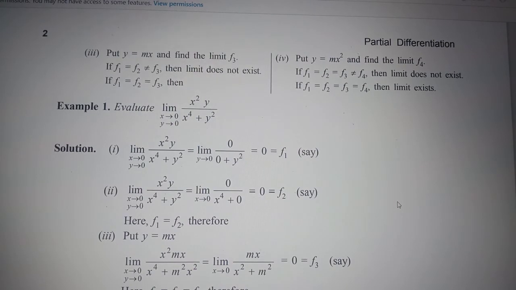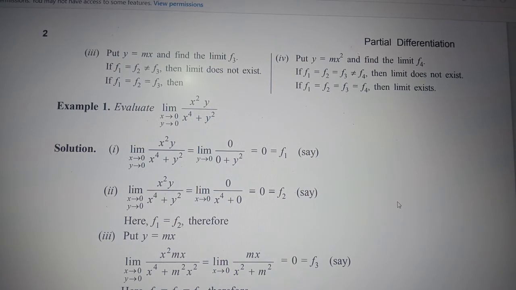The first example: evaluate the limit as x turns to 0, y turns to 0, of x square y divided by x power 4 plus y square. We substitute x equal to 0 first, and we get 0 for f1, and then we give y is equal to 0, and we get the function f1 is equal to 0.